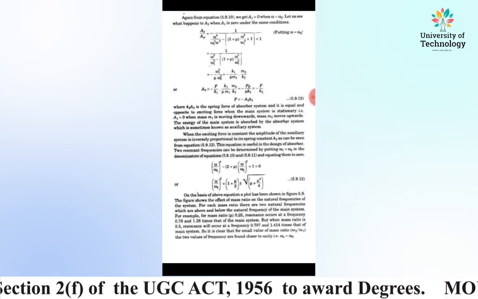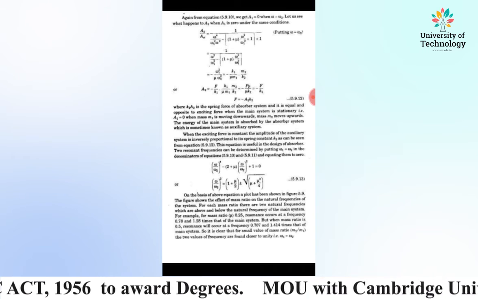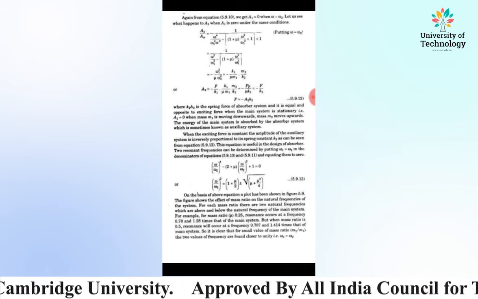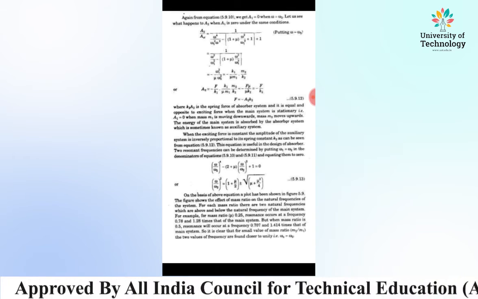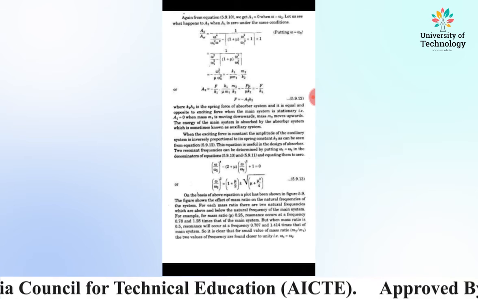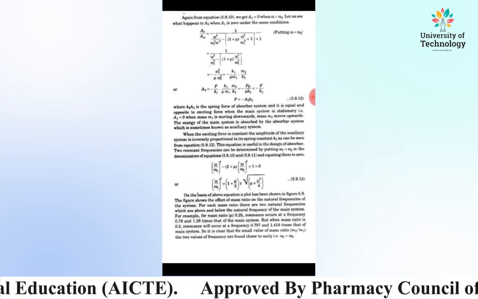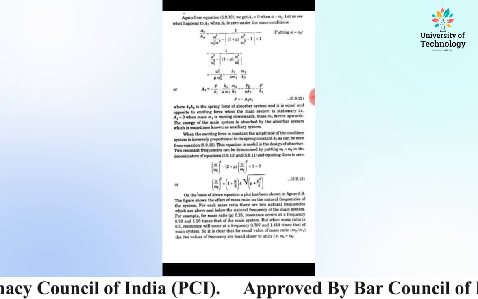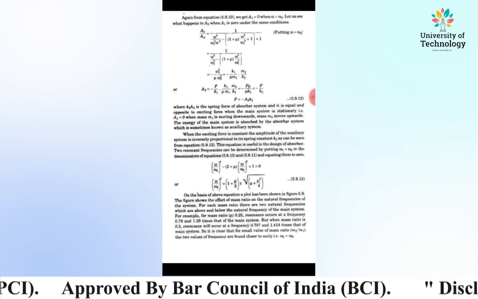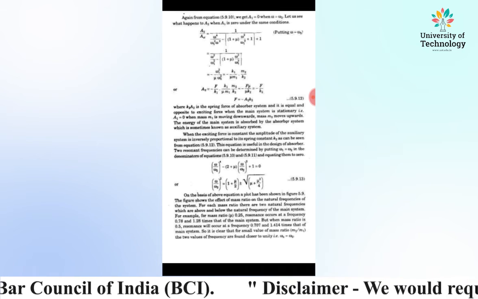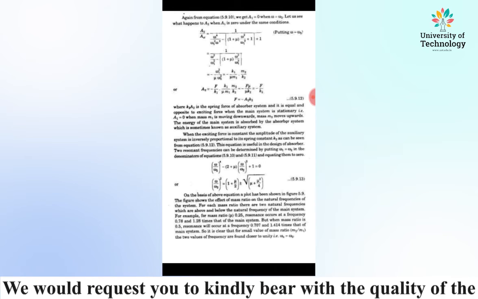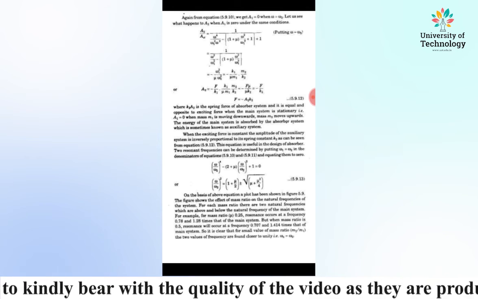From where A2 is equal to minus F by k1 into k1 by mu m1 into m2 by k2, which is equal to minus F upon k2, from where the value of F is equal to minus A2 into k2. A2 k2 is the spring force of the absorber system, and it is equal and opposite to the exciting force when the main system is stationary, which means the value of amplitude A1 is equal to 0.